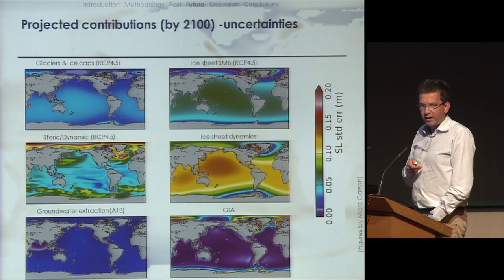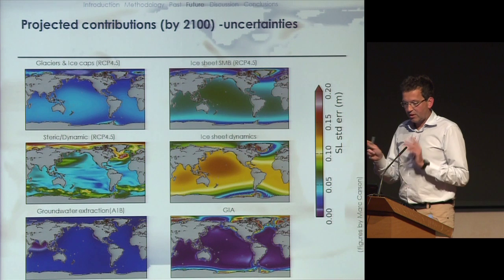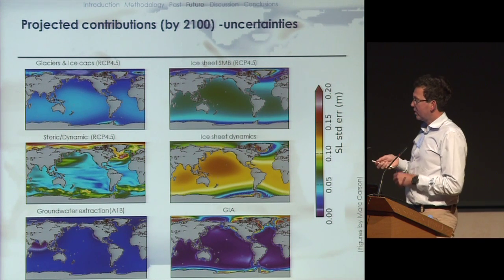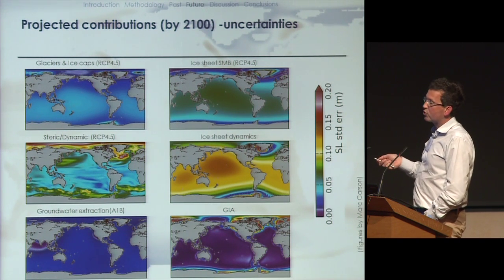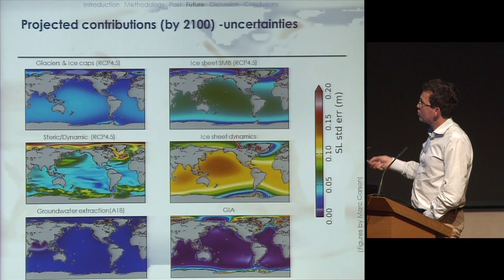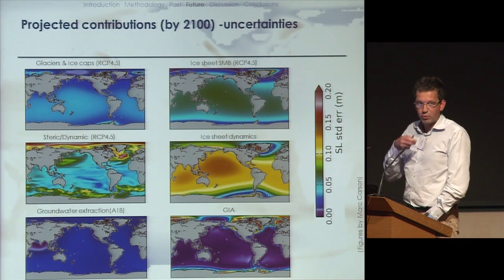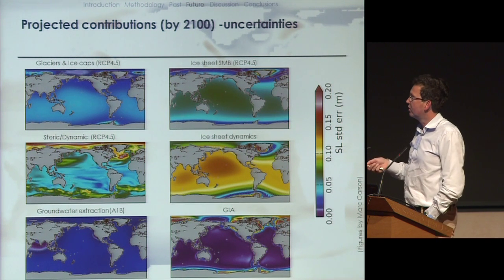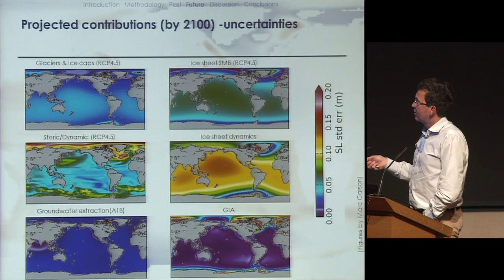The nice thing, I would say, is that if you combine them all in one modeling framework, you can also compare the uncertainties of the different components, and that is what this figure shows you. The same components, but in terms of uncertainty rather than the projection and the addition to future sea level rise.